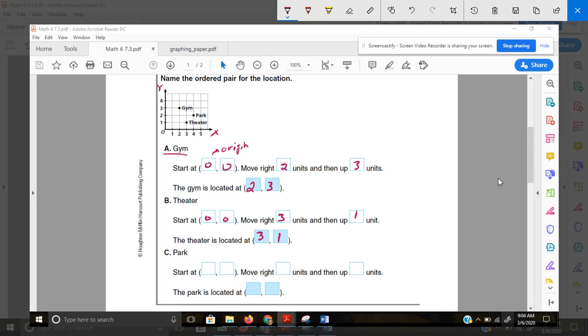And letter C, the park, start at 0, 0 every time. I'd move right 4 units, and then up 1, 2. So the ordered pair would be 4, 2. Always going to the right first, which is my x, and then up, which is my y, keeping that order the same.